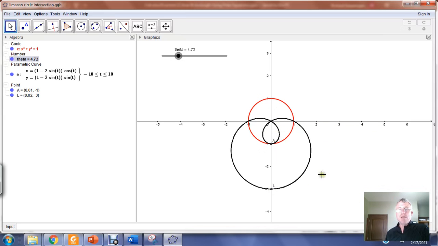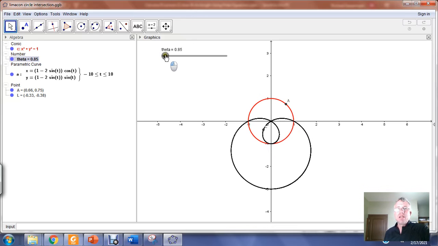So the reason we're not finding this other intersection is that even though the curves, when we draw them, intersect, the points on the curves as they move, remember, we've parameterized these curves to graph them in GeoGebra, are at those points of intersection at different angles of theta.